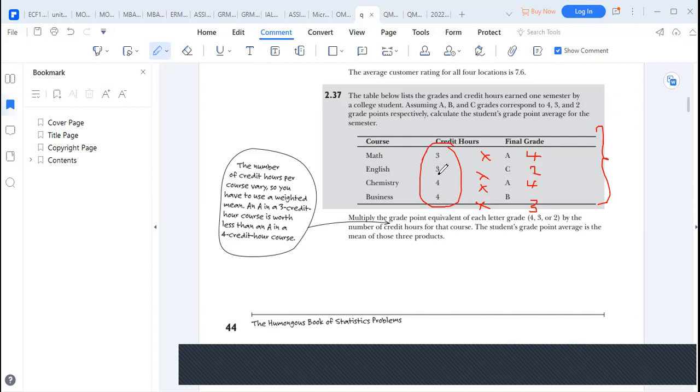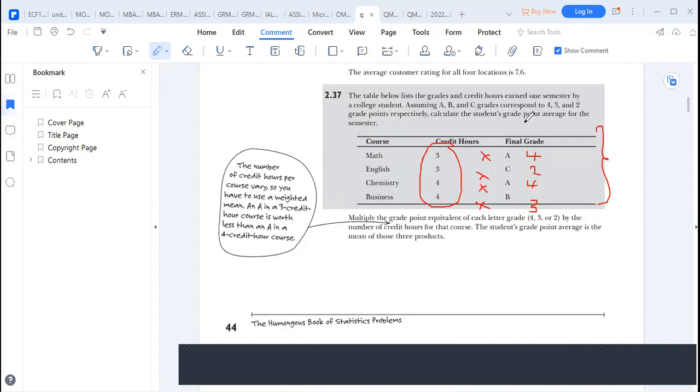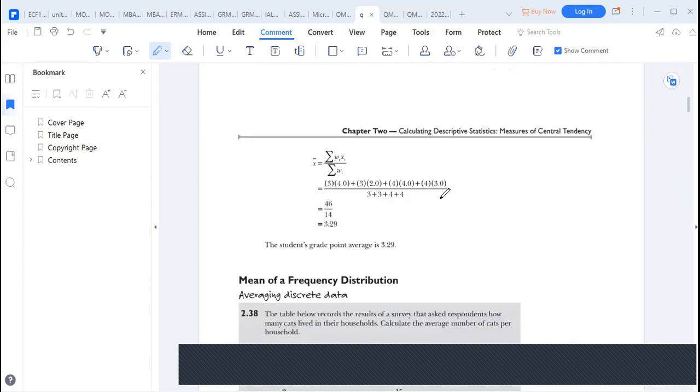So 3 plus 3 is 6, plus 4 is 10, plus 4 is 14. The grades are not to be added, it's the number of hours. So you get 3.29. So this is how we get this.